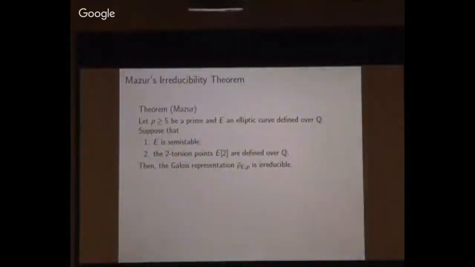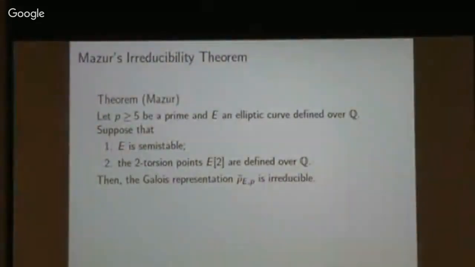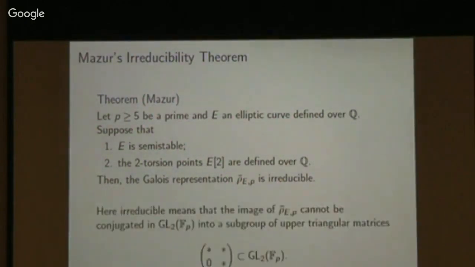We assume also that the two torsion points of the curve are defined over Q, so all the two torsion points have rational coordinates. And this implies that the Galois representation that we have seen in the previous slide is irreducible. And here, by irreducible, I mean that we cannot conjugate its image into a subgroup of the upper triangular matrices.